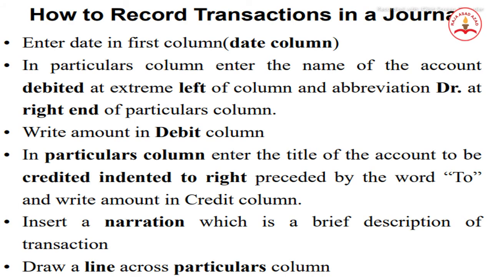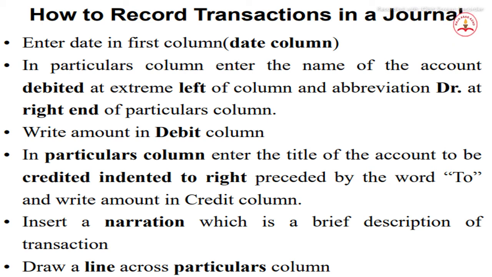How do we record a transaction in a journal? Enter the date in the date column. Second, in the particulars column, enter the name of the account debited at the extreme left of the column, and an abbreviation like Dr is used for debit at the right end of the particulars column. Third, write the amount in the debit column.